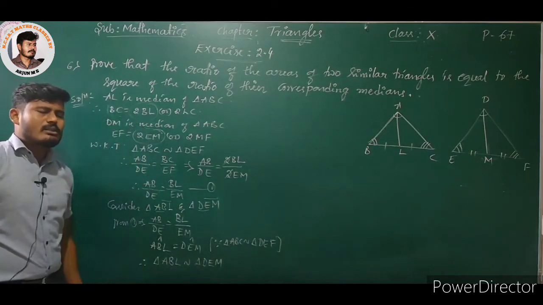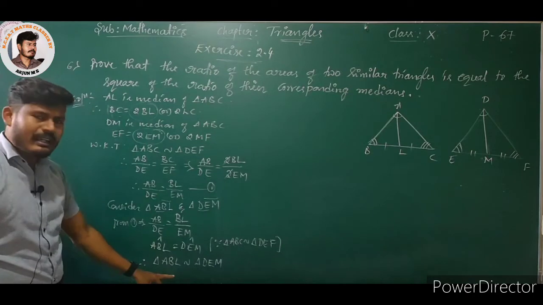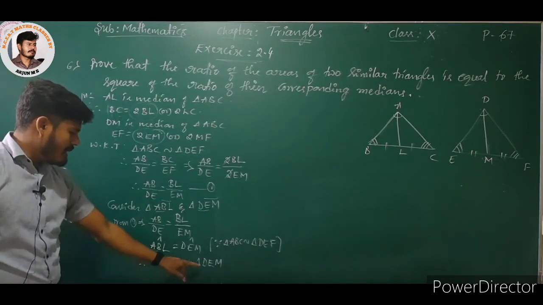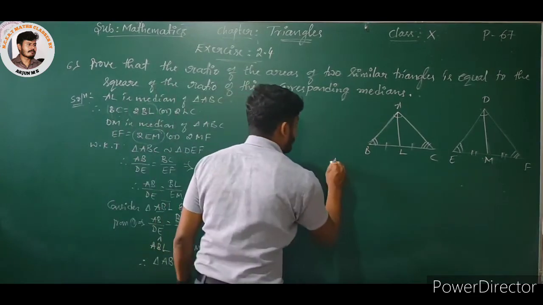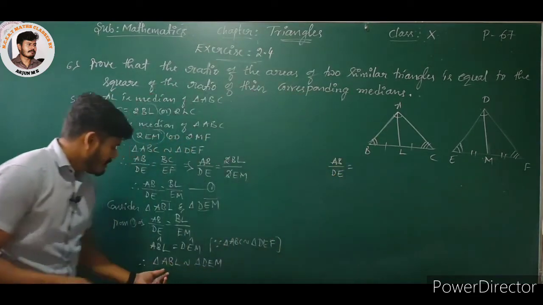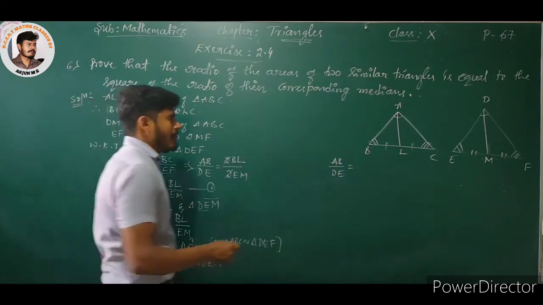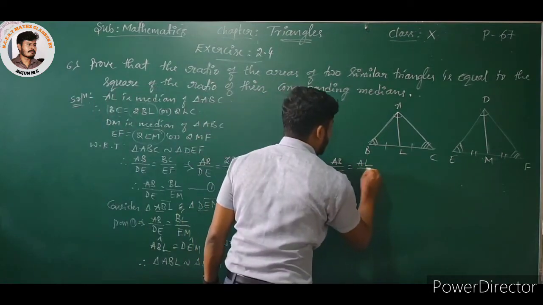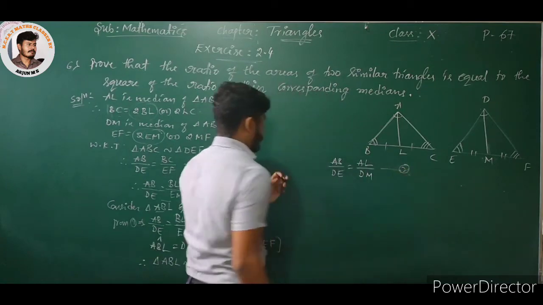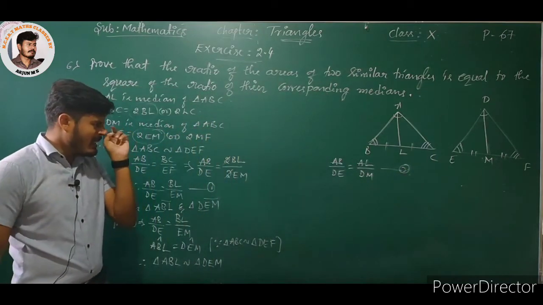By considering these two similar triangles, we write down two ratios including medians. AB by DE is equal to AL by DM. This is equation number 2.